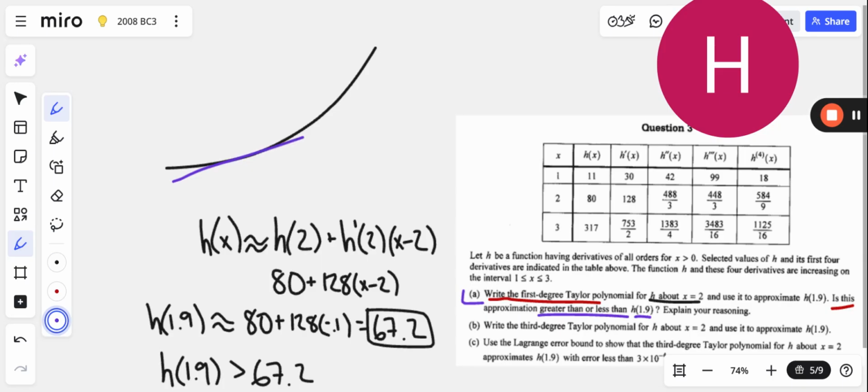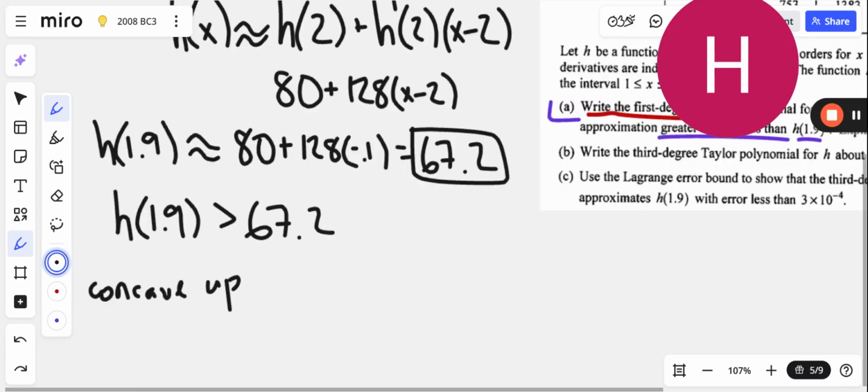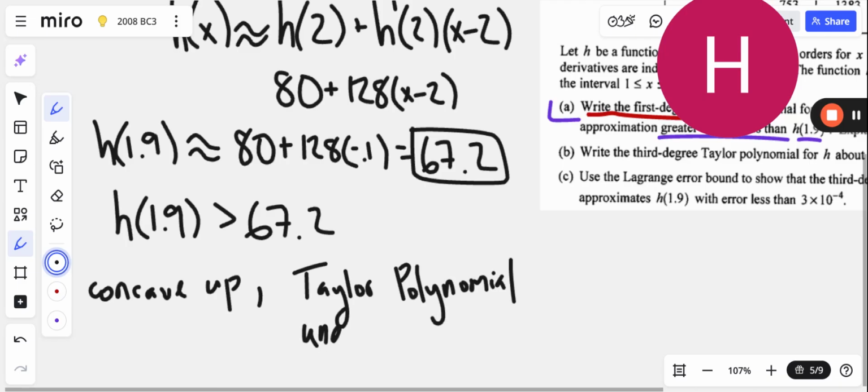So any tangent approximation, whether it's a first degree Taylor polynomial, or even if it's a third degree one, even if it was kind of curved and touched at a point, it would still sit underneath. So we can say that Taylor polynomials are underestimates here. Okay, yeah, it underestimates that.